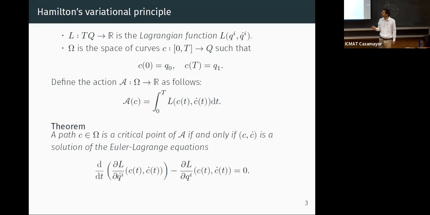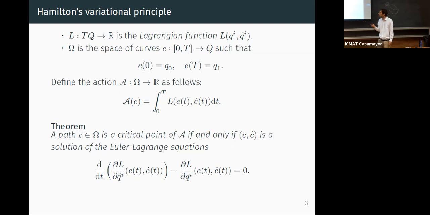More precisely, we have a function called the Lagrangian, which depends on the positions and velocities of the system. Then you can consider the space of curves that last a fixed time capital T and have fixed endpoints.